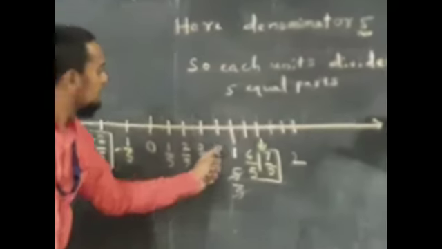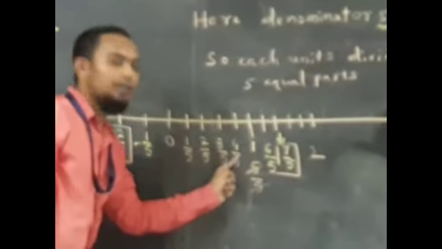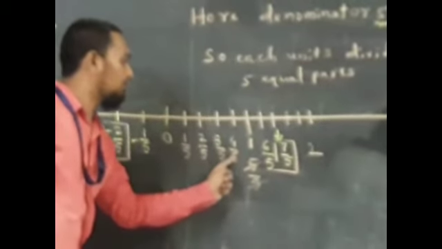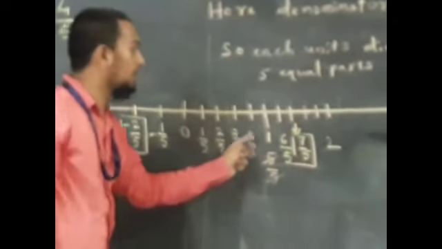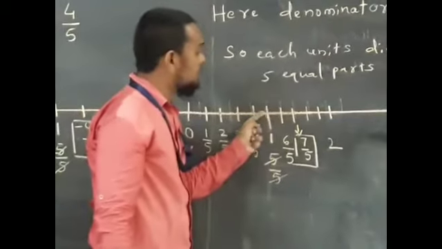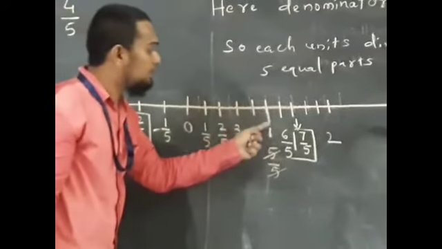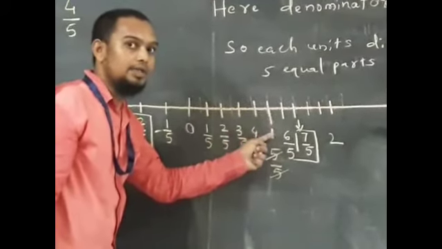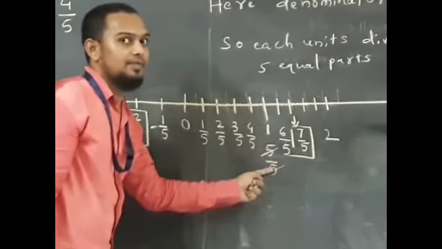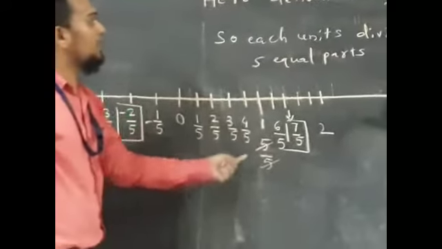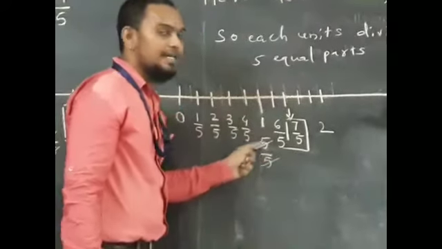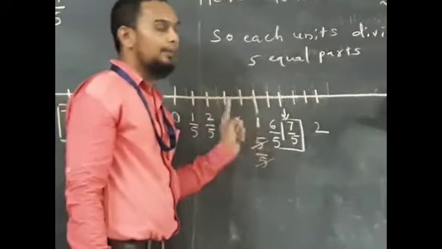And 4 means 4 upon 5. Here 1 means 5 units, 5 upon denominator 5. 5 ones are 5. Here 1.